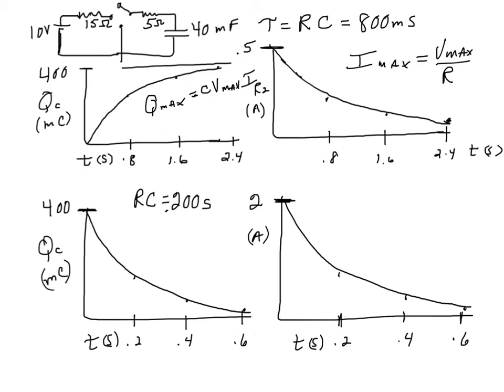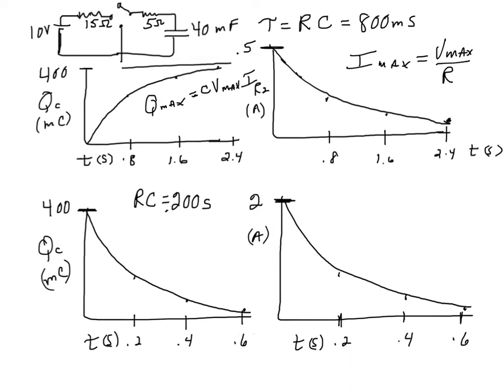So we start at 1/2 amp, come down 2/3 of that, come down another roughly 2/3 of that, and again decaying in 3 time constants to about 95%.